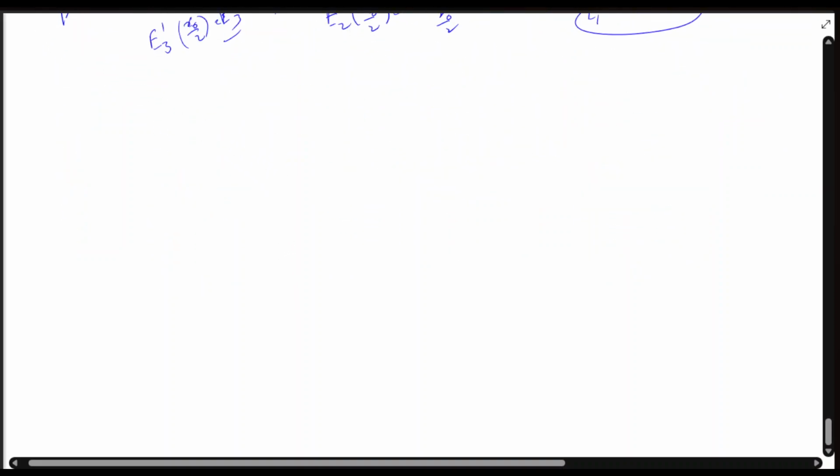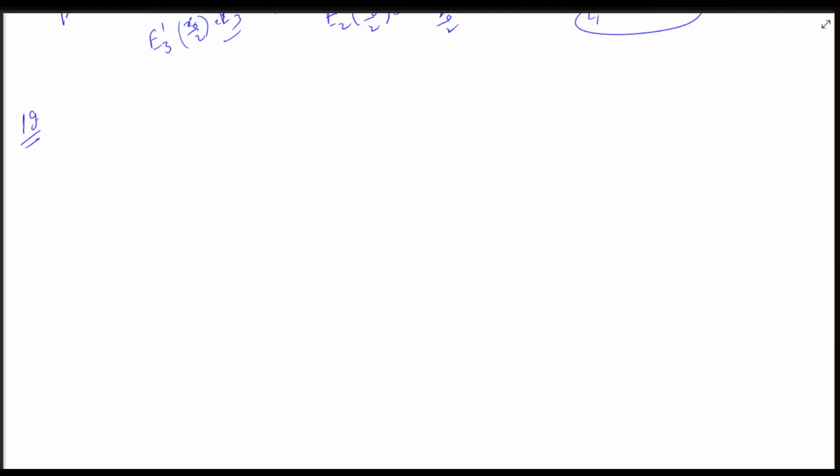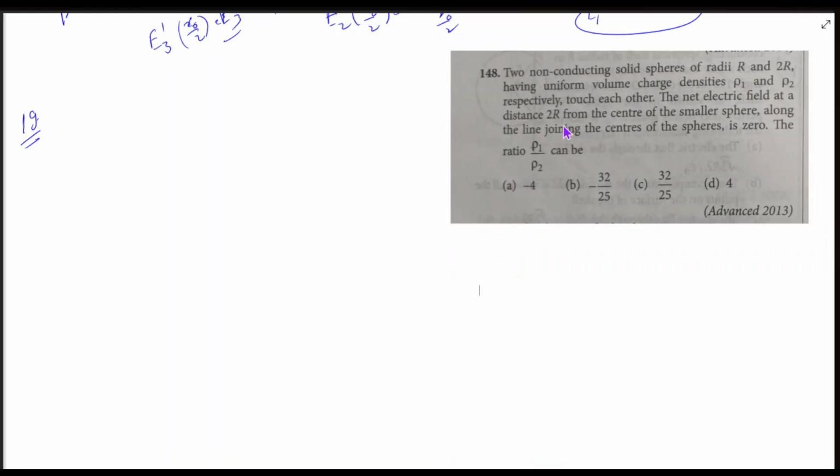Let's move on to our 19th question, shall we? Okay, perfect. Again, we have two non-conducting solid spheres of radius r and 2r having uniform charge density. So this is one, this is another.